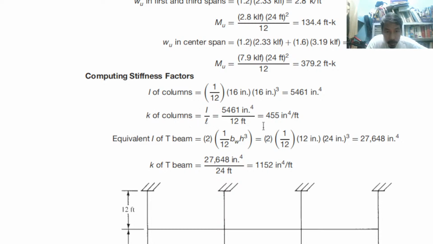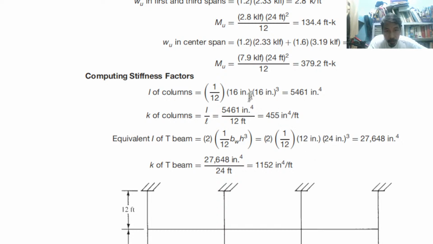So for columns, we have the following values of K. Then the equivalent I of the T-beam: we have 2 times this, so multiply by 2.